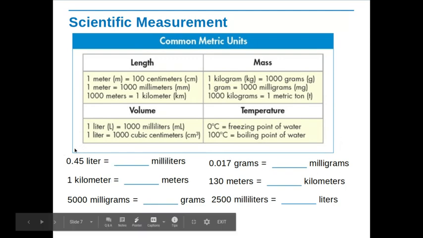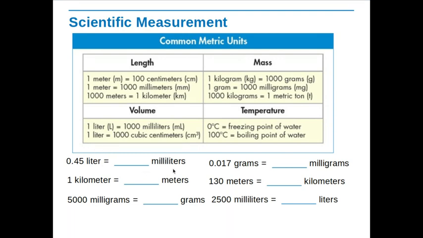On this one, 0.45 liters is how many milliliters? Well, if we look at volume, we can see that 1 liter equals 1,000 milliliters. What would I have to do to this number to get the correct answer here?